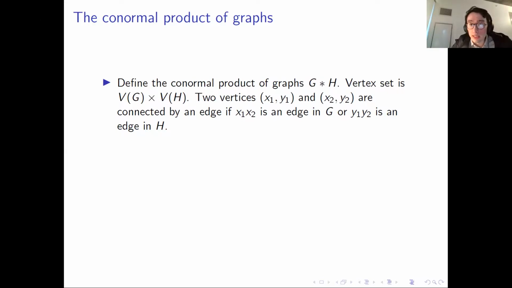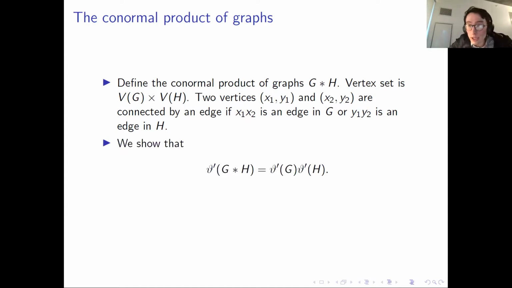The conormal product of graphs is defined with vertex set the product of the vertex sets. And we draw an edge when at least one edge appears in one of the constituent graphs. So (x1, y1) is connected to (x2, y2) if (x1, x2) is an edge of G, or (y1, y2) is an edge of H, or both.